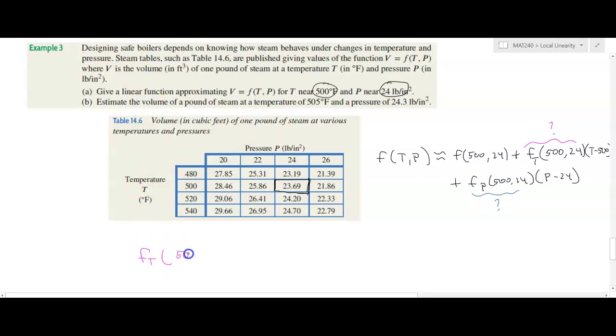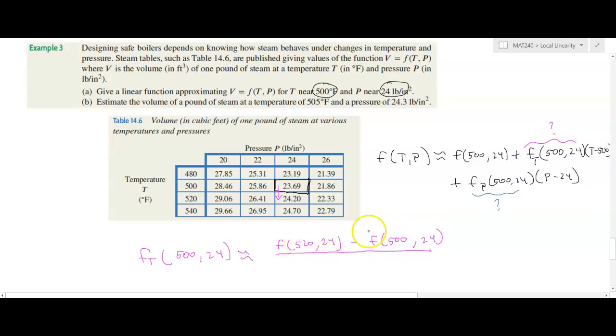at a temperature of 500 and pressure of 24 is going to be approximately equal to, well, if I want to know what happens when I change the temperature to 520, I basically want to ask: what's the difference between the volume at the new temperature, holding the pressure fixed, and the volume at 500 degrees with the pressure still at 24, divided by how much we changed the temperature by.